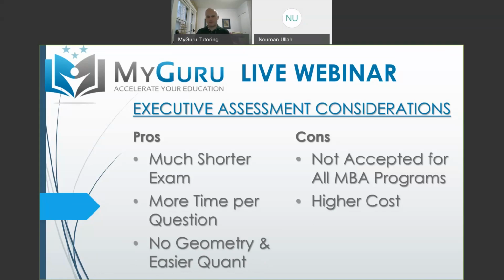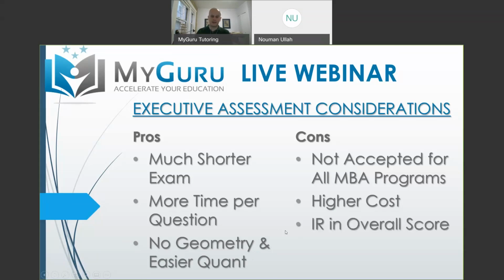The content areas minus geometry are pretty much the same: arithmetic, word problems, basic algebra, those sorts of things. But it's definitely the case that the quantitative content on the executive assessment is generally a little bit easier. Again, though, there will be no calculator on either of these exams, so you have to prepare for manual calculation, regardless of whether you choose the executive assessment.